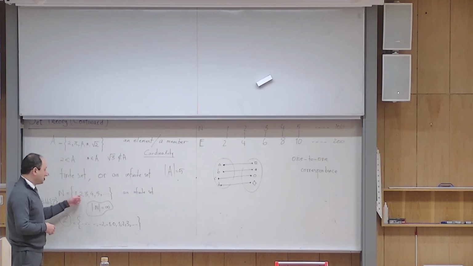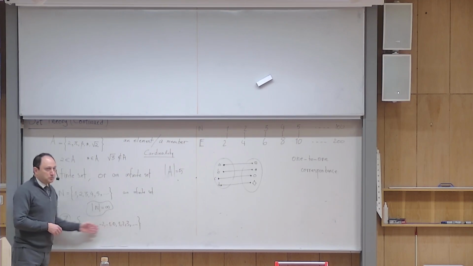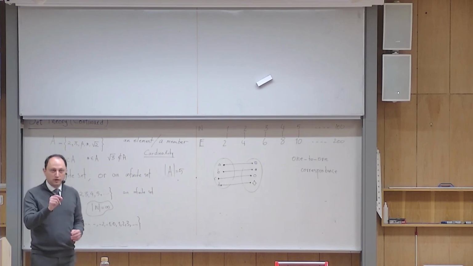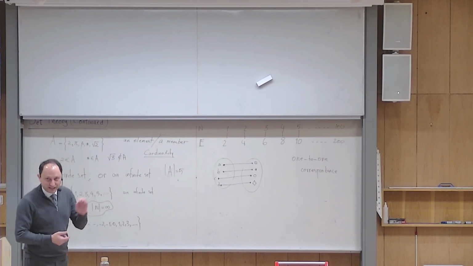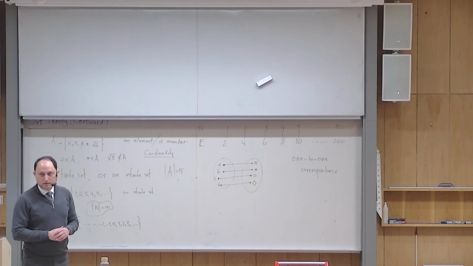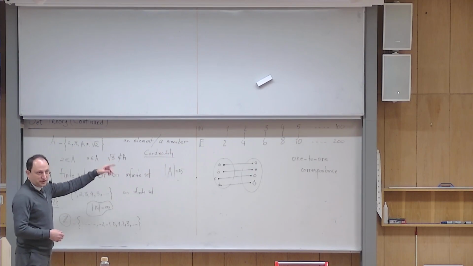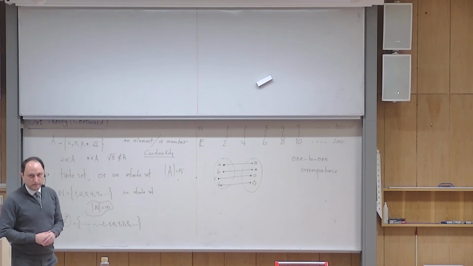Assume that these are the seats, but you have students labeled with these numbers, and you want to set up a rule so that everyone will go inside and find exactly one seat to sit on. I hope you agree that this rule is harder than that rule, but it is also possible.